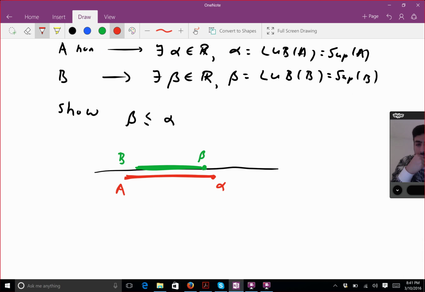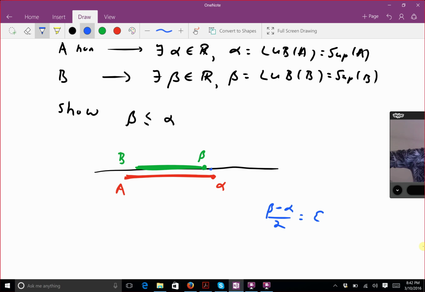Let me see, what was this again? Beta minus alpha over 2, less than epsilon. Okay, we could let that be epsilon.